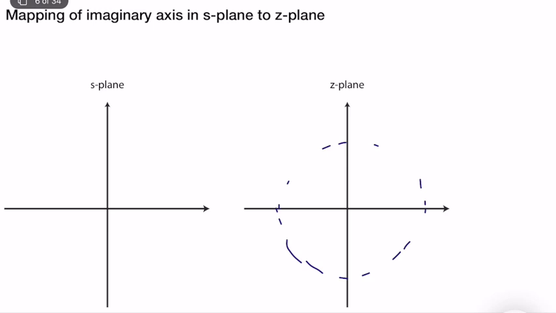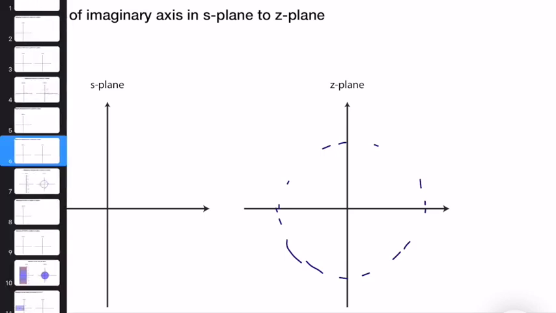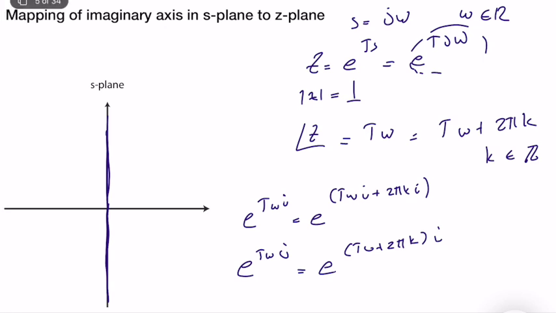So we have a mapping, and the mapping is similar when we go from one place to the other. The mapping of j omega is equal to the mapping of omega plus 2 pi k divided by T, because we have T here, times j.